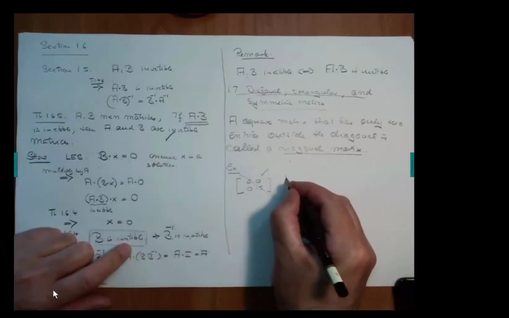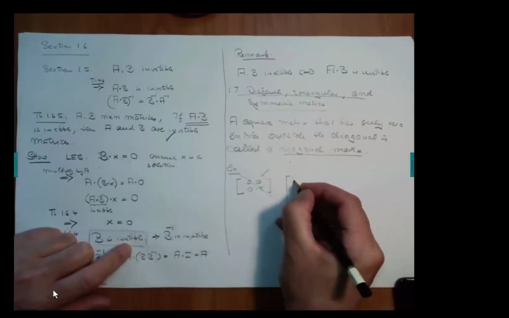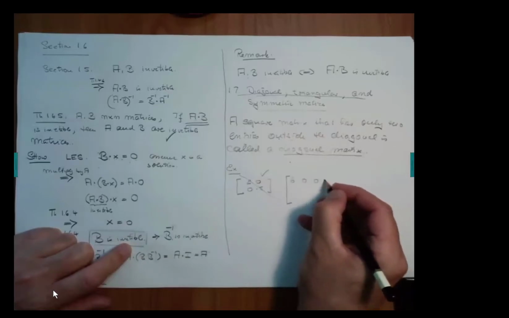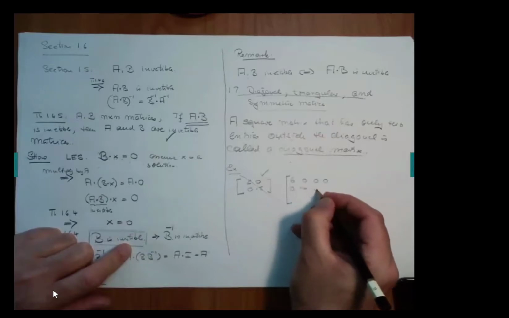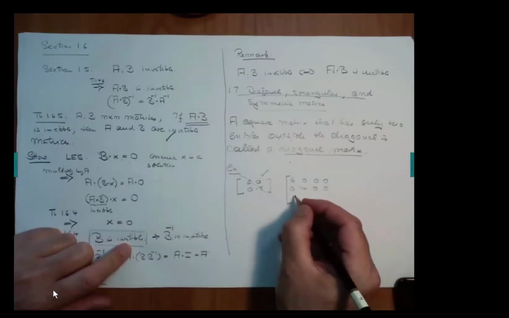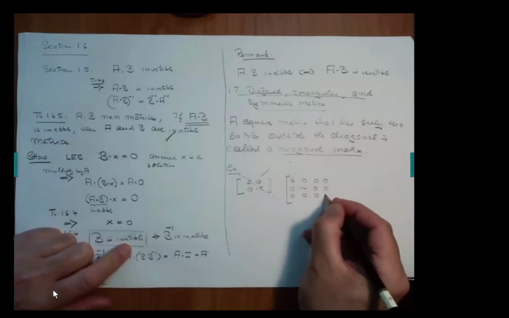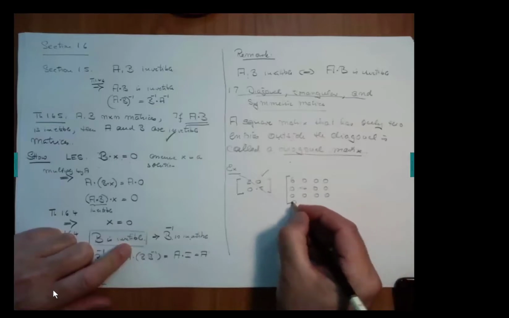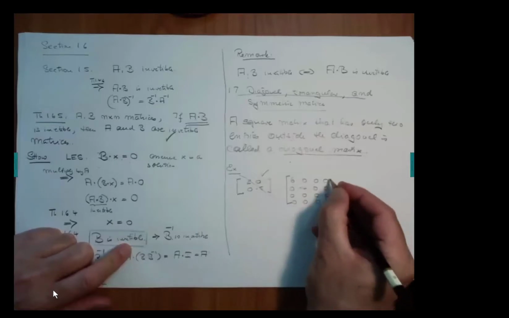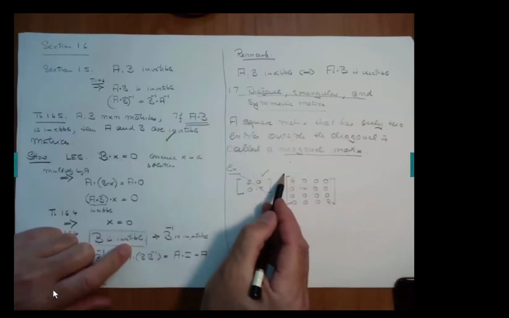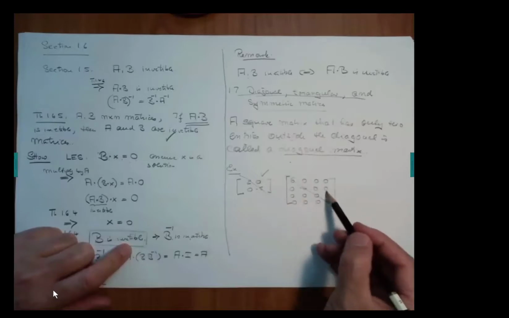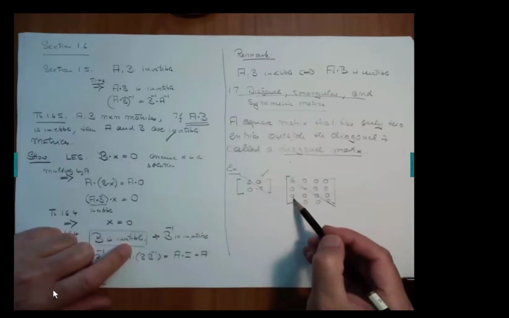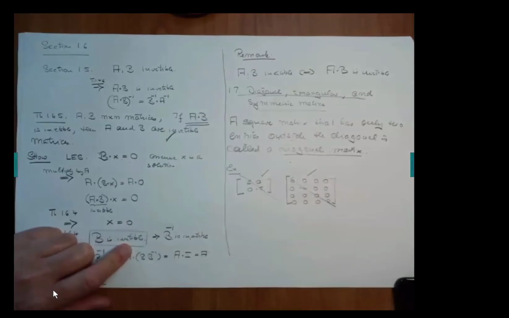The next one, 4 by 4: 6, 0, 0, 0, 0, negative 4, 0, 0, 0, 0, 0, 0, 0, 0, 0, 8. Again, this is the diagonal. Everything outside the diagonal is 0. So this is a diagonal matrix.